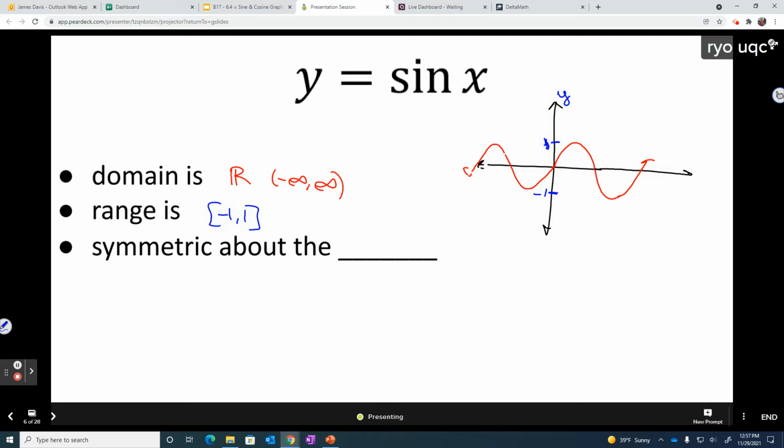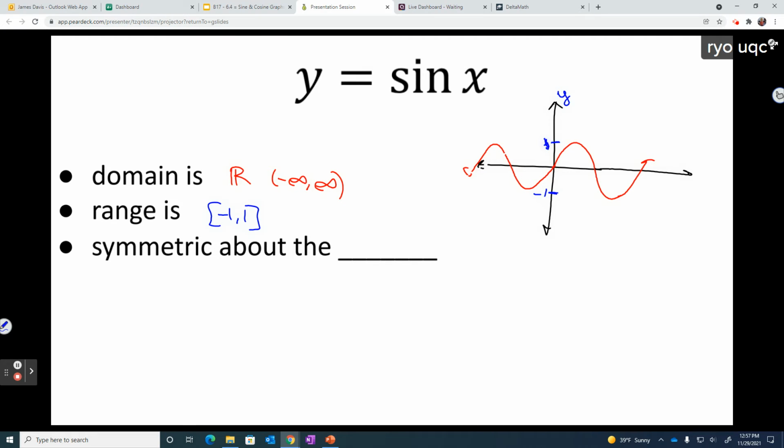If we flip it down, it should match exactly. The origin, right? Because the origin is kind of both. You flip it over and then down, and it works, or flip it down and then over, it works. So it's symmetric about the origin.